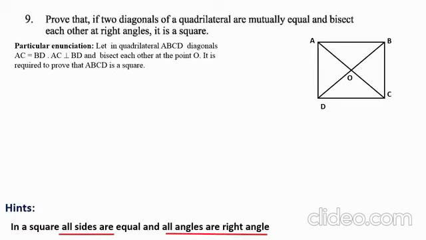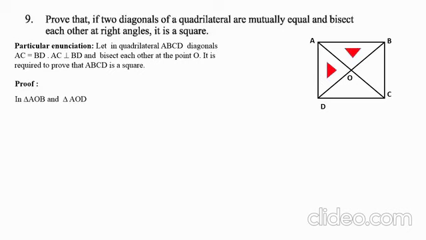Hint. In a square we know all sides are equal and all angles are right angles. So at first we'll prove all sides are equal, and after that we show all the angles equal to a right angle. Now we consider the triangle AOD and triangle AOB, where OB equals OD as AC bisects BD, meaning divided into two equal parts.